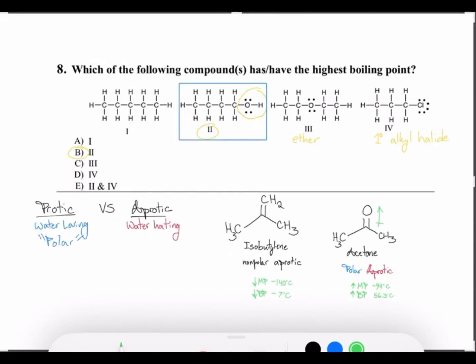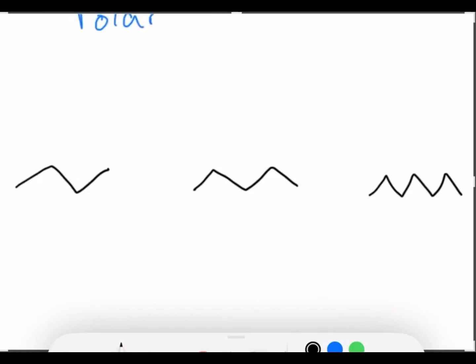All right, next I want to talk about London dispersion forces. I have my 3 carbon bonds here, and I want you to think about which one is going to have the highest boiling point. So you have about until right now.